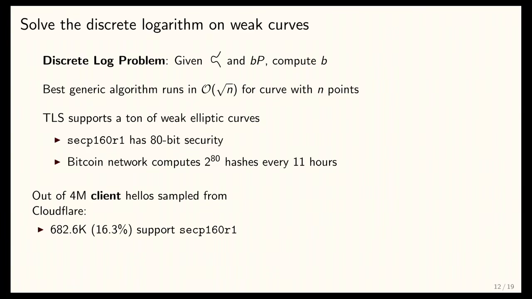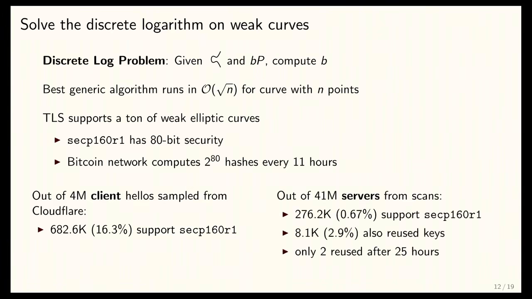So we sampled some client hellos from Cloudflare. Out of 4 million client hellos, we found that over 16% of them were offering to support this really weak elliptic curve. We also looked at servers, and we found that almost 1% of them supported this weak curve. And of these, over 8,000 also reuse keys.